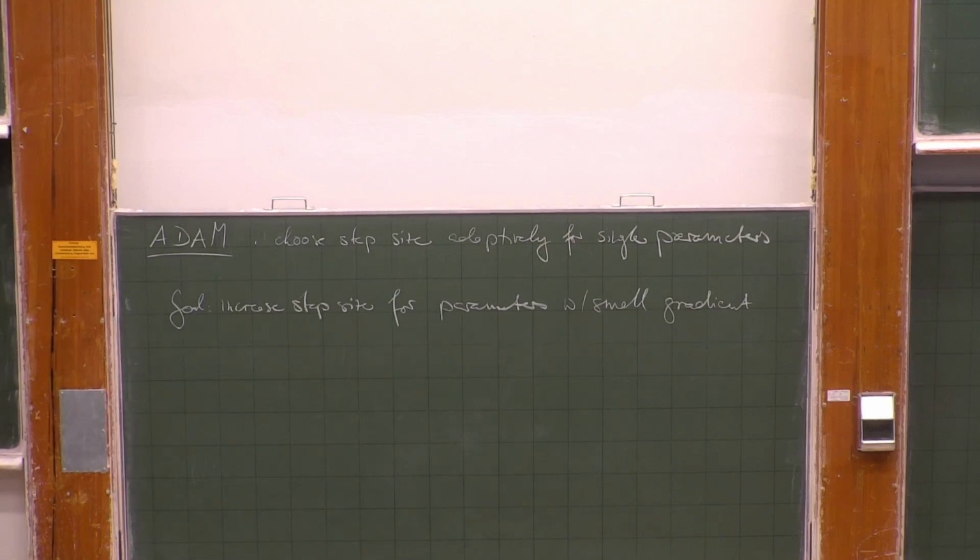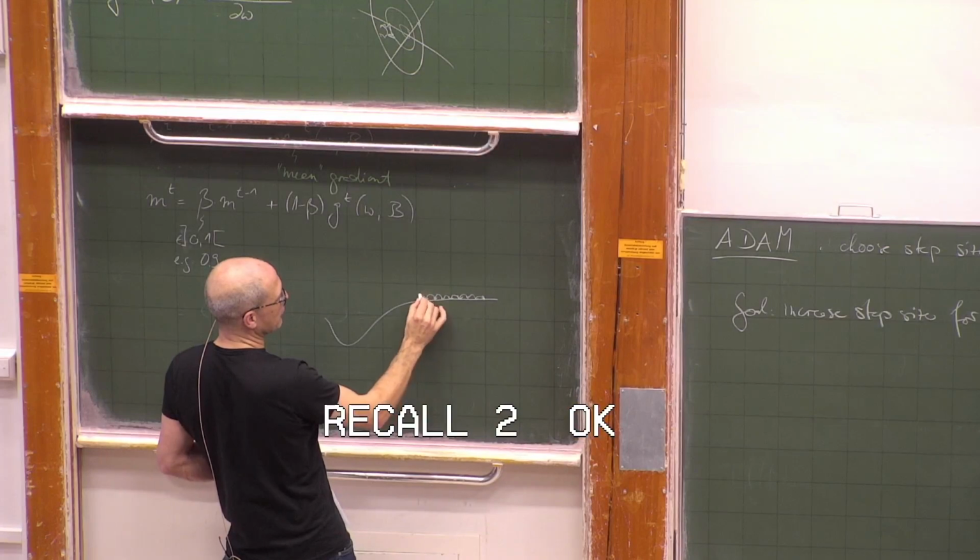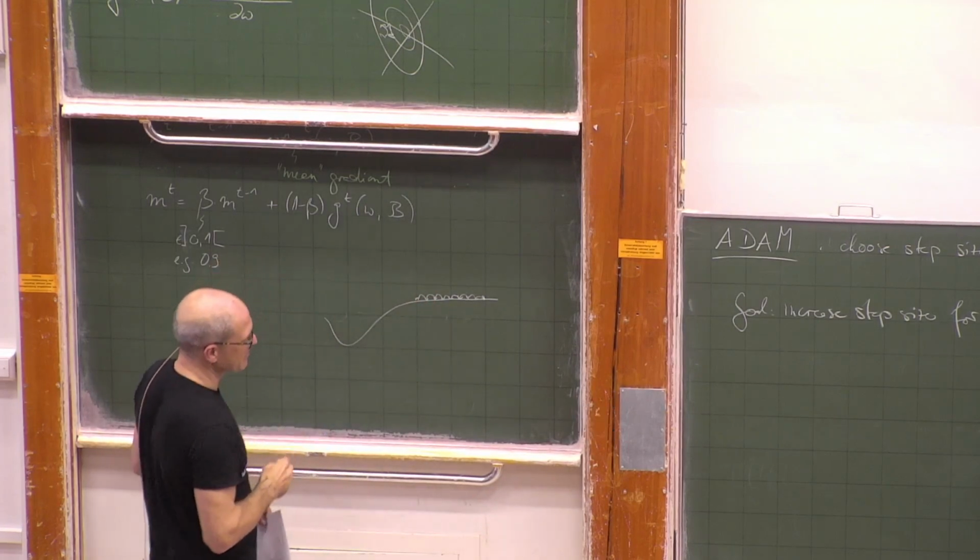When we were discussing robust potentials and such, we often had a picture like so. And if you're somewhere out here, you have a gradient, hopefully, but it's really tiny. And so if you don't choose your step size adaptively, you will take a lot of steps before you get anywhere interesting.